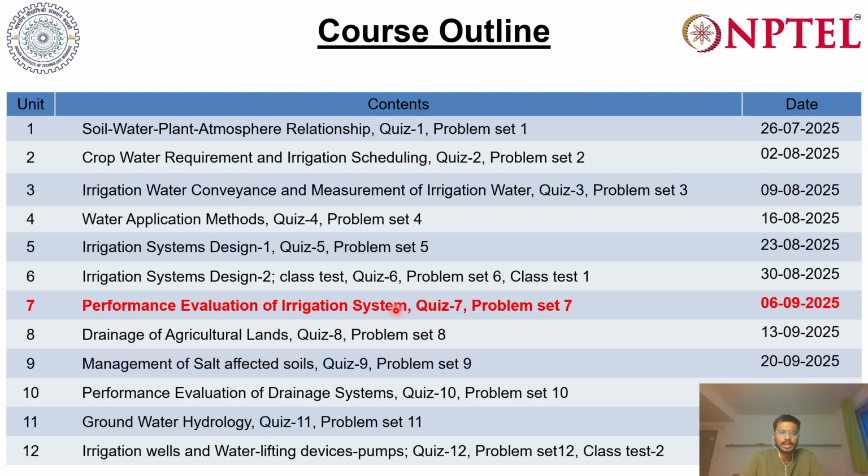Then last week we started on how, once you have designed your system, you can extract water from groundwater if it is the major resource in your region. For that we will talk about various kinds of pumps. Pumps and everything we'll talk about today.